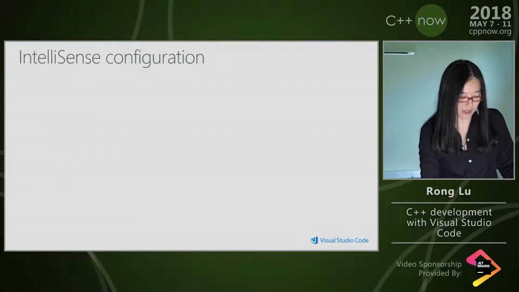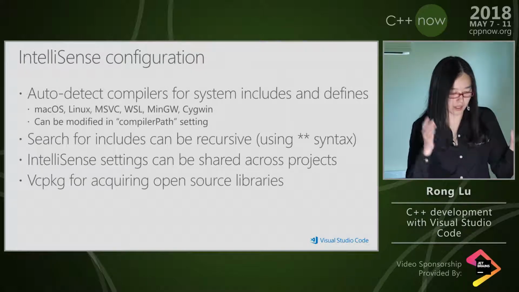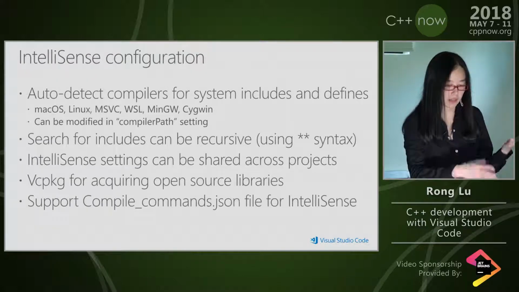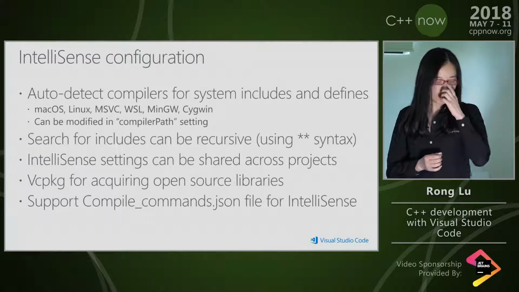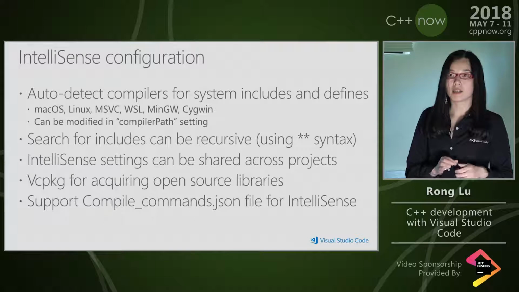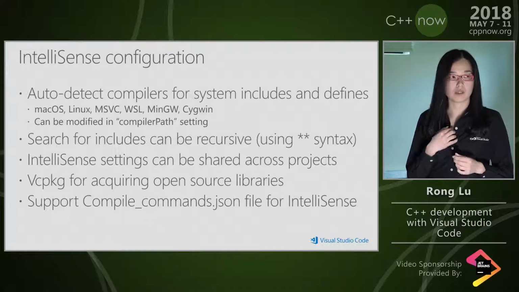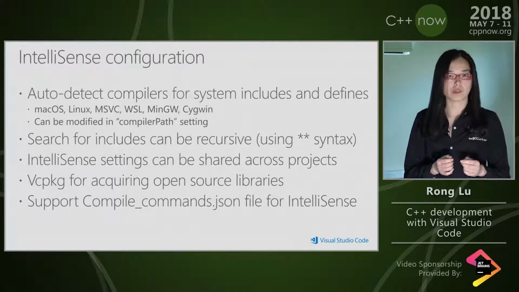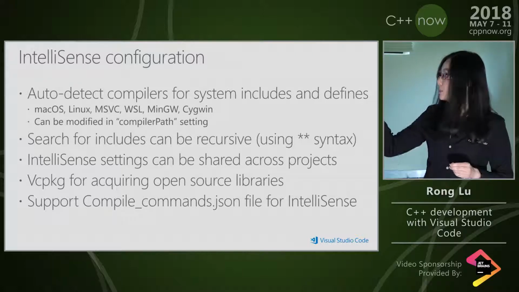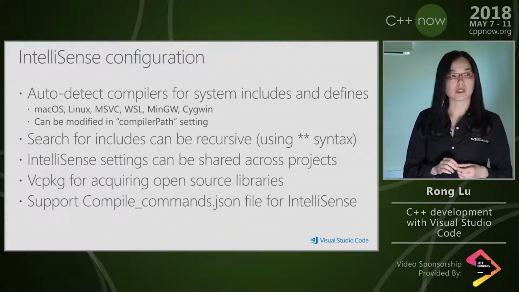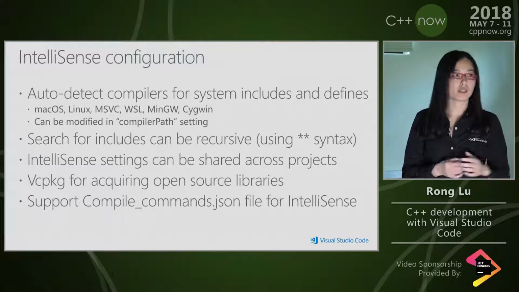It's CMake support. So things we already talked about. I just kind of summarized there for watching afterwards. But right now, in our extension, we don't have IntelliSense support out of the box for CMake. What we do have is the last bullet point there, to support the compile_commands.json file, which is a file you can export using CMake.